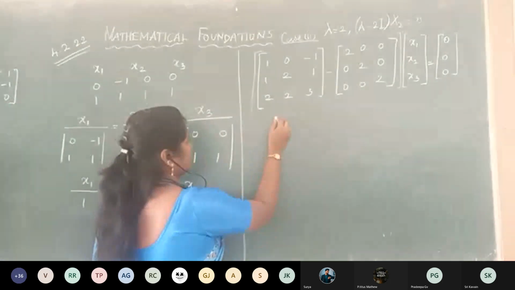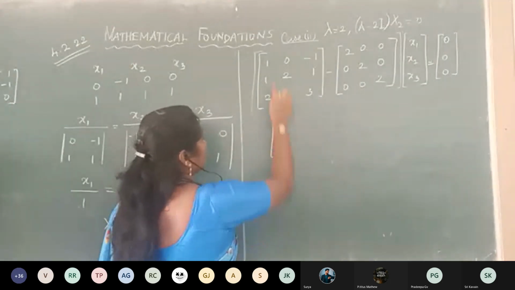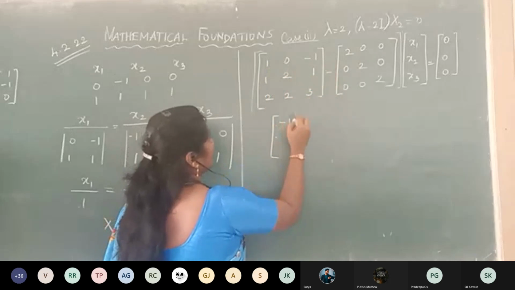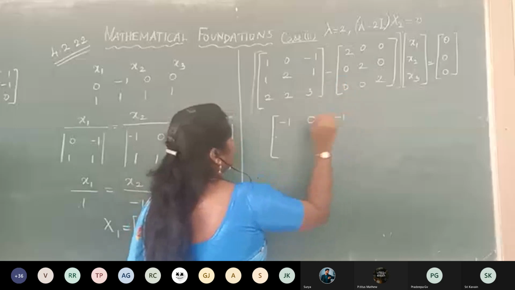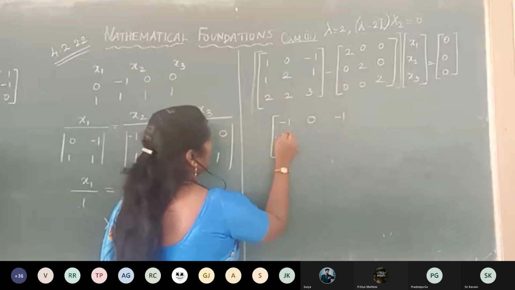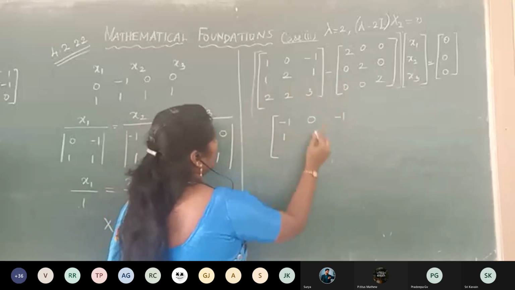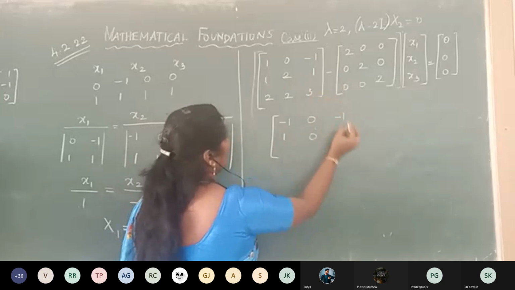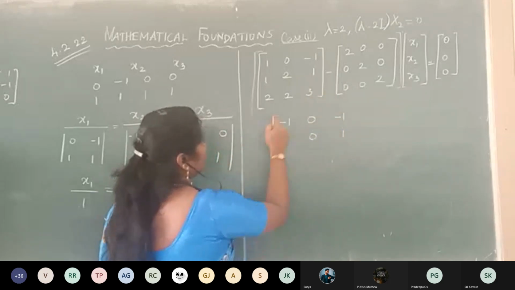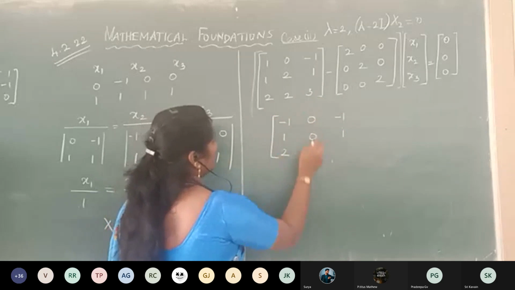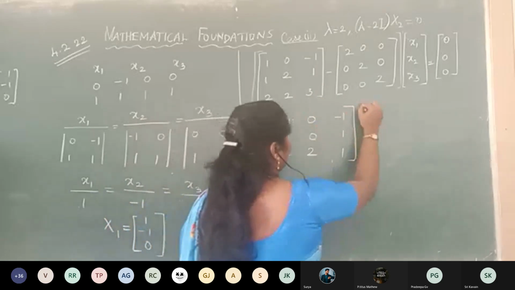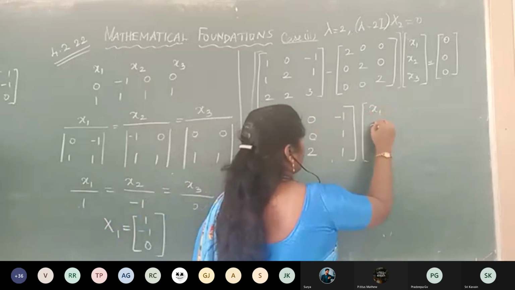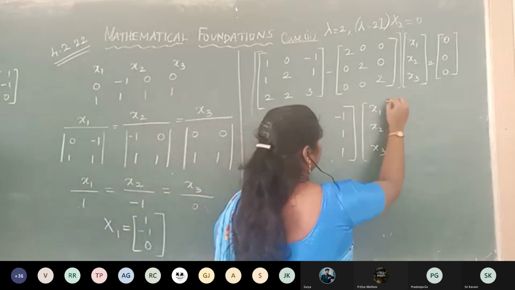So it will change here. Subtracting, it will be 1 minus 2, which is minus 1, 0, 0, minus 1, 0, 1, then 2 minus 2 which is 0, 1, and then 2, 2 minus 0, 2, 3 minus 2, 1, into your x1, x2, x3.